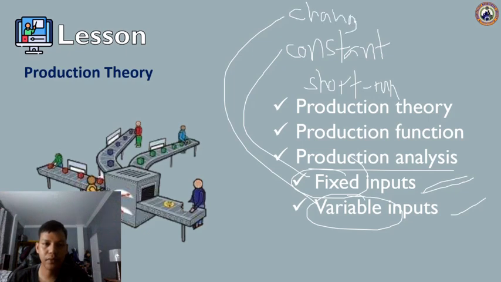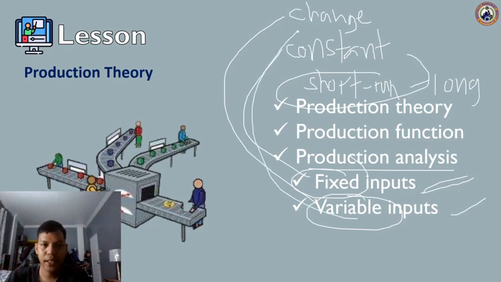So the input will change, either in the short run or the long run. Again, for the variable inputs, the resources will change, either in the short run or the long run. But the fixed inputs are constant in the short run only.